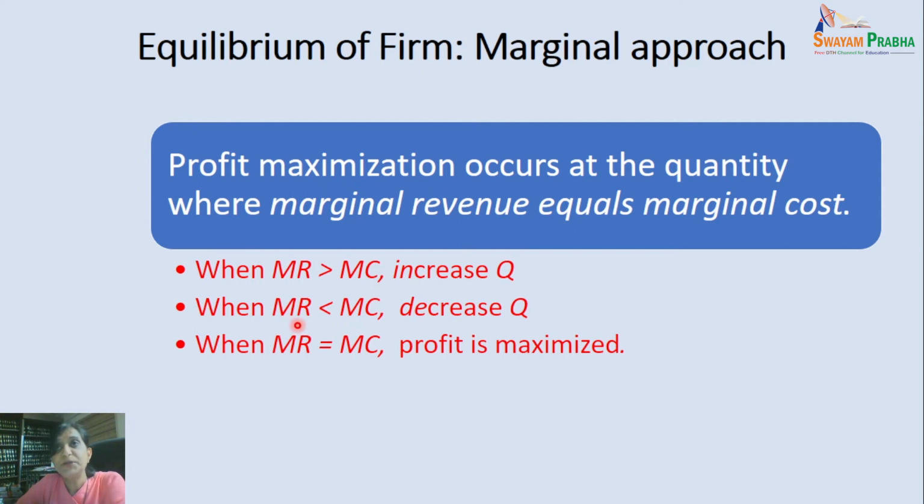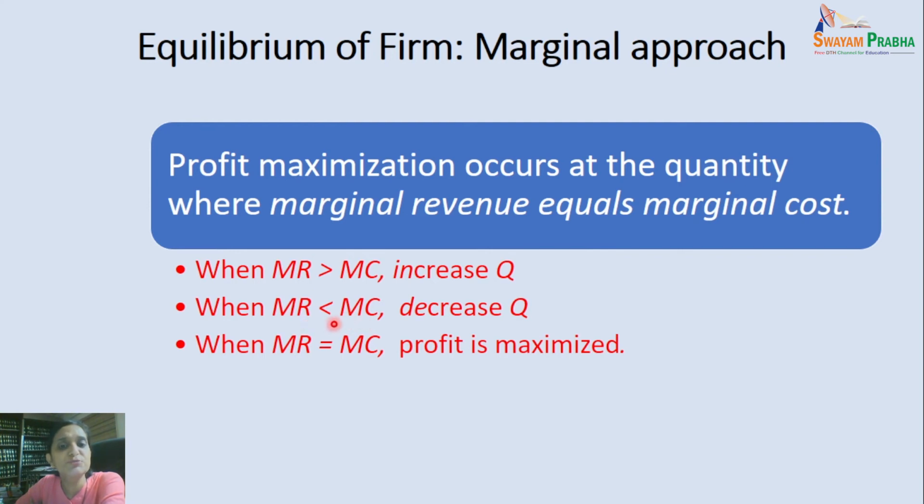Right? If I'm producing, let us say, the fifth unit, and my marginal cost of producing the fifth is, let us say, 10 rupees, whereas when I sell this extra unit, I get, let us say, 5 rupees. It means my extra earning is less than my marginal cost, or my extra cost of producing.